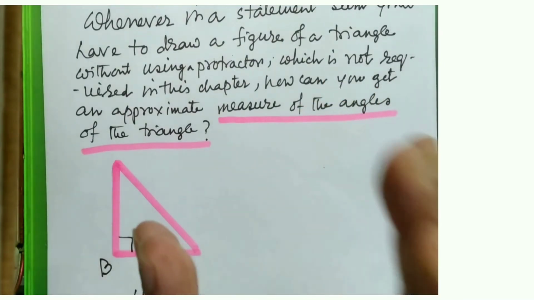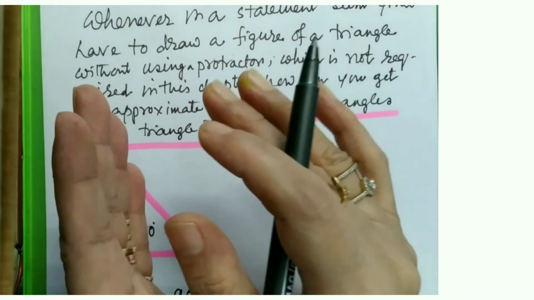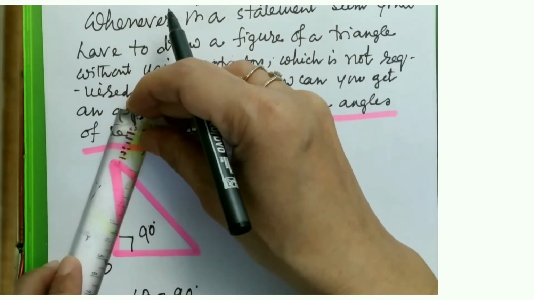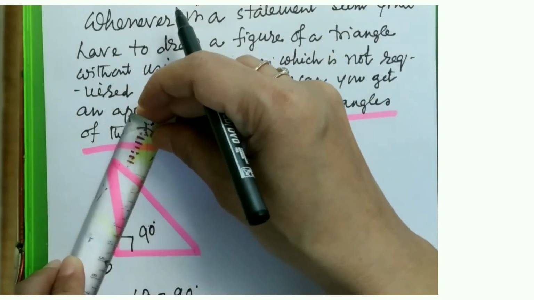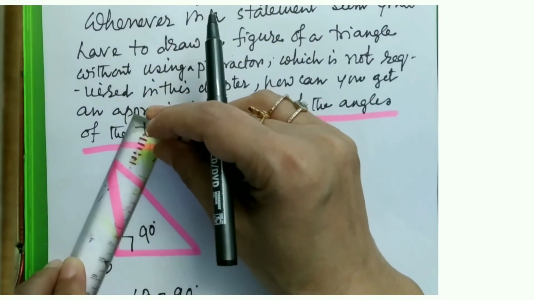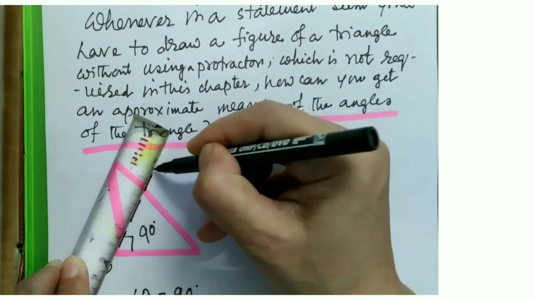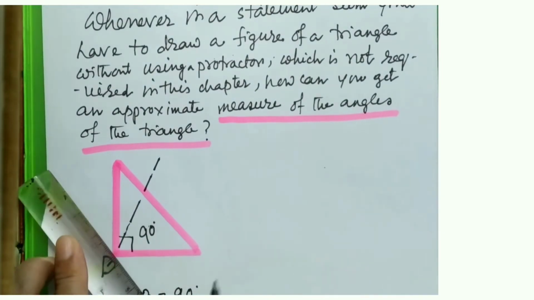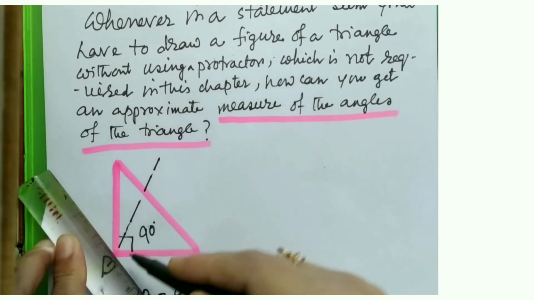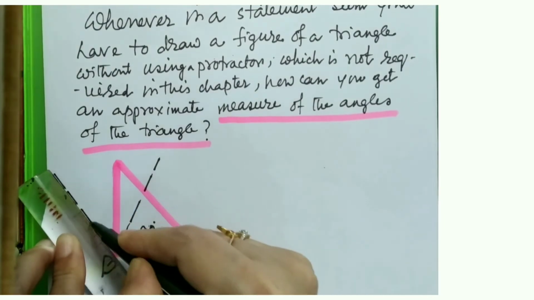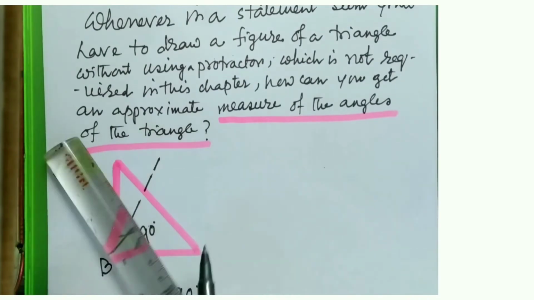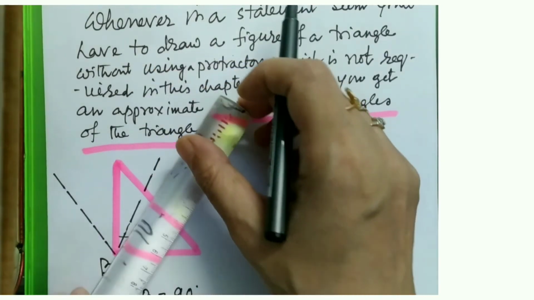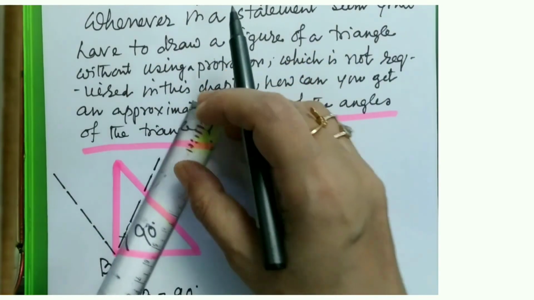Now if any angle is given less than 90, suppose 45, 30, 60, in that case you just bend this line, you just take it this way. This line will be slanted in this way, so this will become less than 90. And if it is more than 90, suppose 120, 110, then this will be slanted in that way. This position will be in this way and on that side. And if it is less than 90, then this side's position will be here.